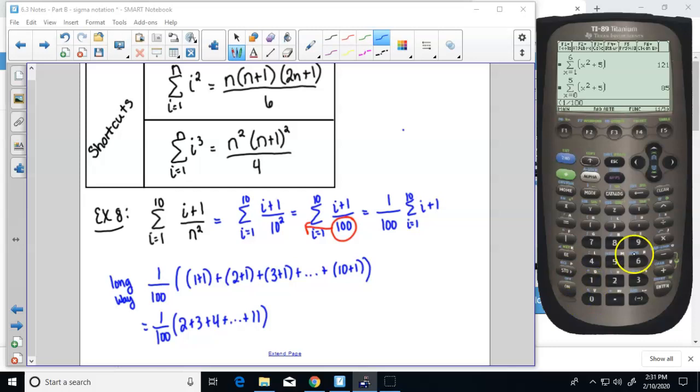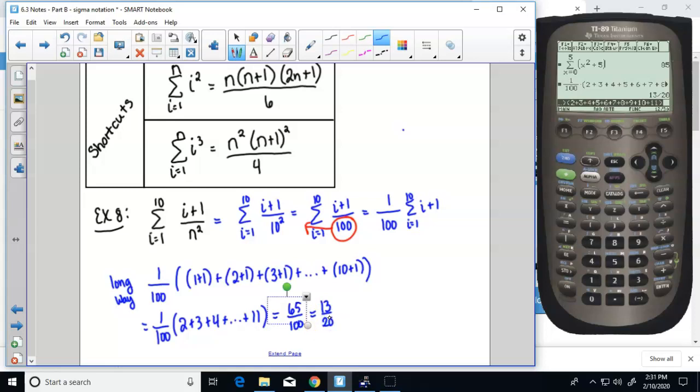These would be expected to be done non-calculator, but I don't mind you using the calculator to add up 2, 3, 4 through 11 just to speed you up a little bit. And you get 65 over 100, which reduces to 13 over 20, I believe.